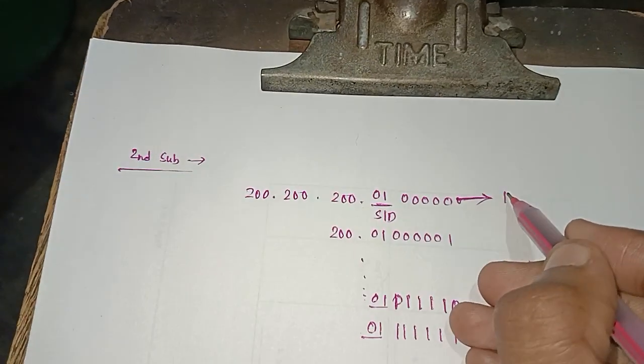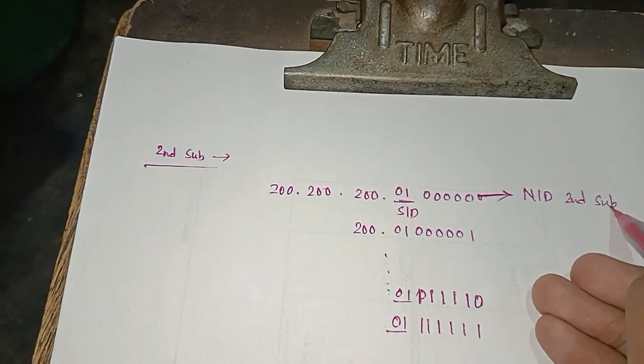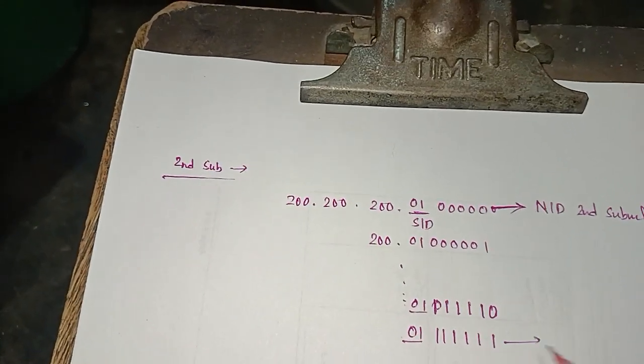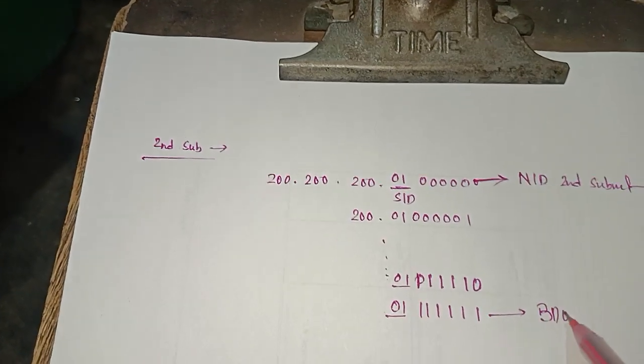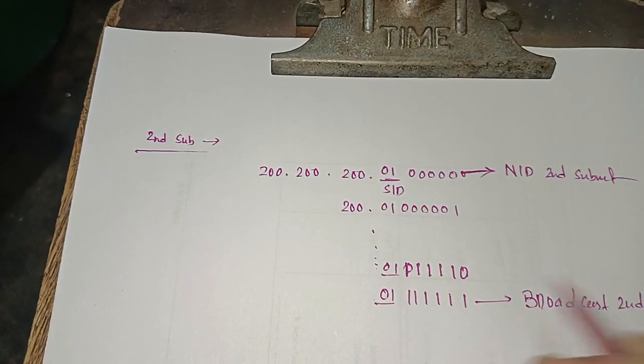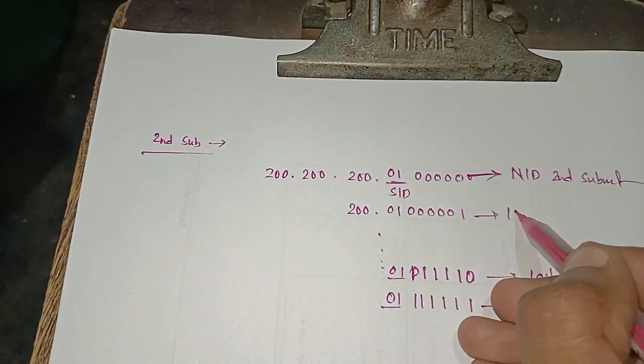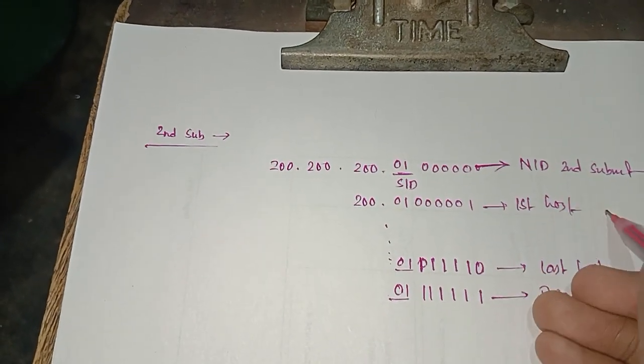So this is the network ID of the second subnet, this is the broadcast address of the second subnet, this is the last host of the second subnet, and this is the first host of the second subnet.